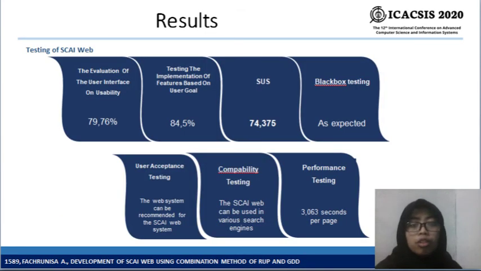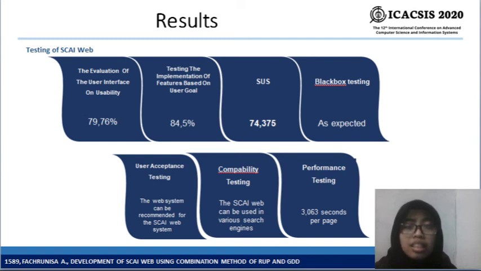For the evaluation, the result is based on evaluation of the user interface usability. The result is 79.776%. It means that users must be able to use the site or system relatively easily and must be able to complete most of the important tasks.